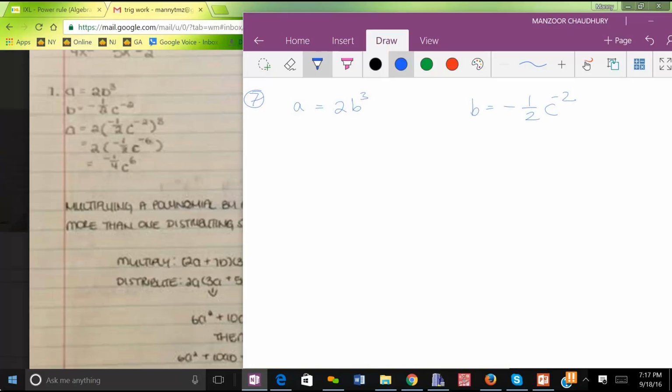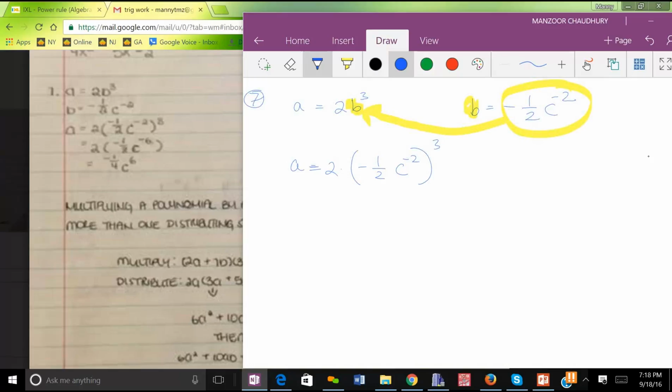So, what is B? You can use B like a Trojan horse. See that B? Everything that's here goes in here. So what you have is A equals 2 times, and B is negative half C to the negative 2, cubed.